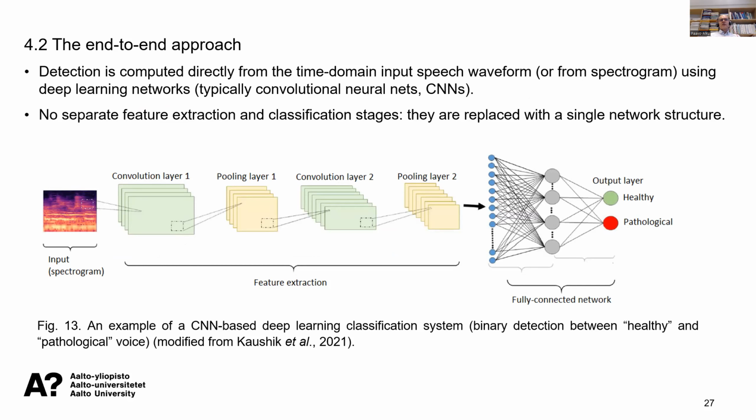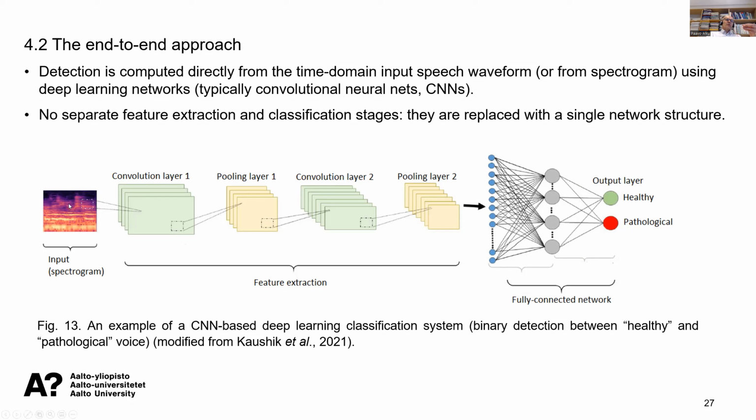And this picture here describes a typical end-to-end system. What is a major difference between this one and the previous one is that we don't have a separate feature extraction and classifier here, but we have one large bulk of neural nets between the input and output. And the neural net kind of inherently solves the features and the classification.